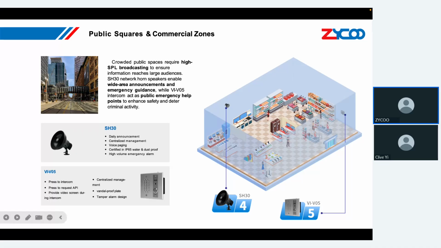That's why we also recommend the SH30 network horn speakers for wide area announcements or emergency guidance, and the VI-V05 for intercom for public emergency help. And actually, it's based on your needs. If this area is an indoor environment, you can also use our ceiling speakers or cabinet speakers.